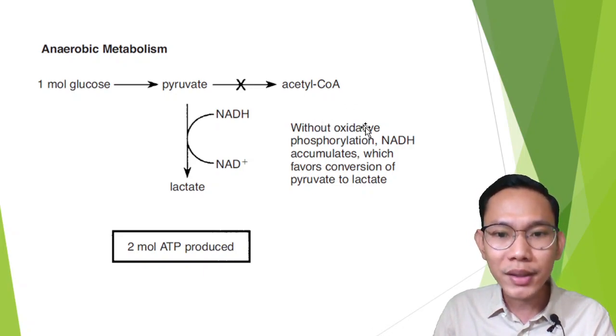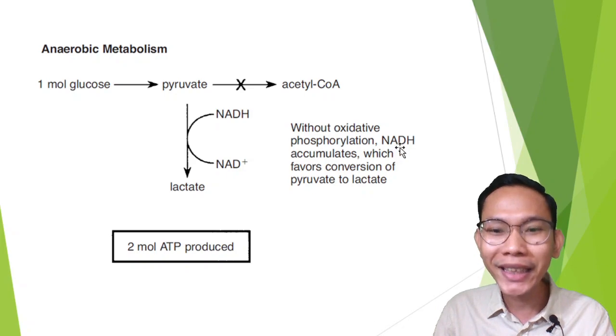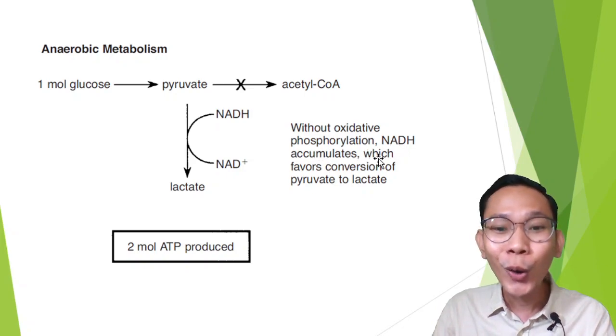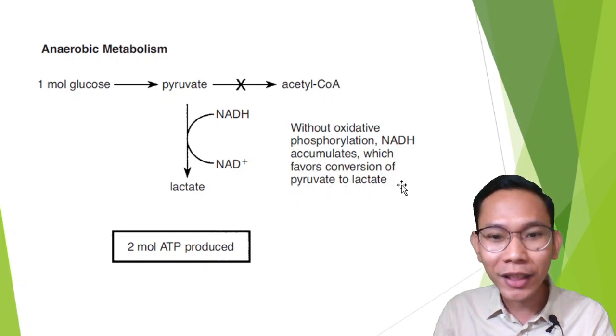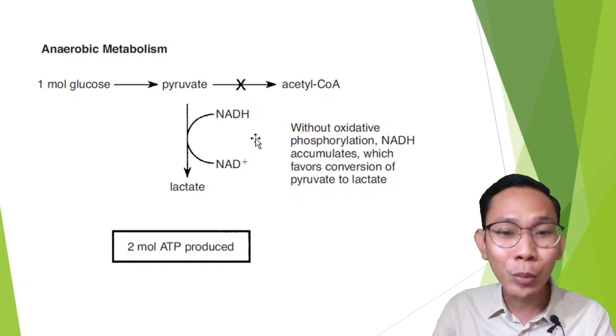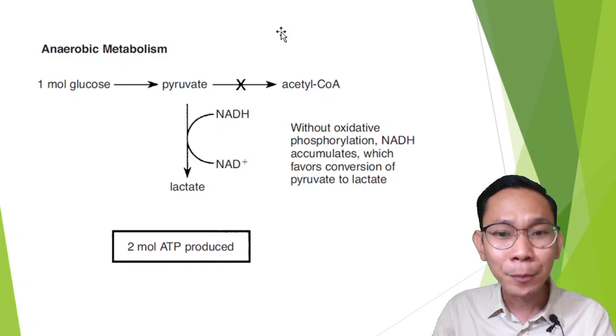So, without oxidative phosphorylation, your reduced nicotinamide adenine dinucleotide accumulates, which favors the conversion of pyruvate to lactate. So, anong nangyayari? Nag-a-accumulate ang ating NADH kasi nga hindi siya mag-undergo sa Krebs cycle and oxidative phosphorylation. In short, dadami ang NADH.